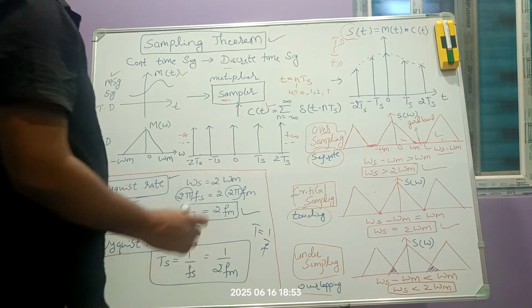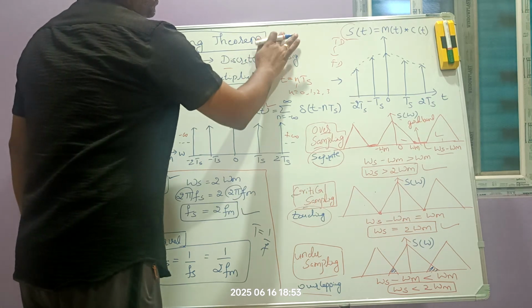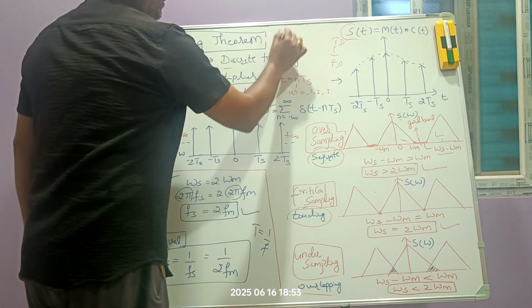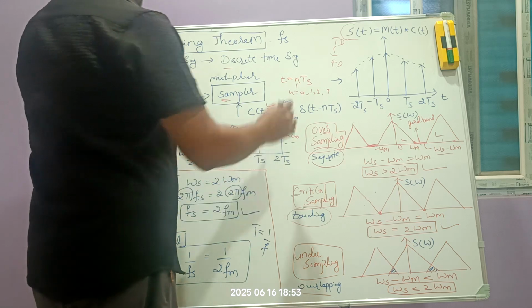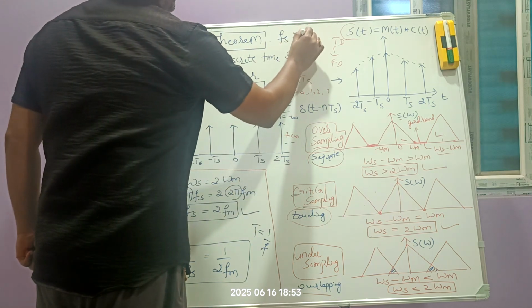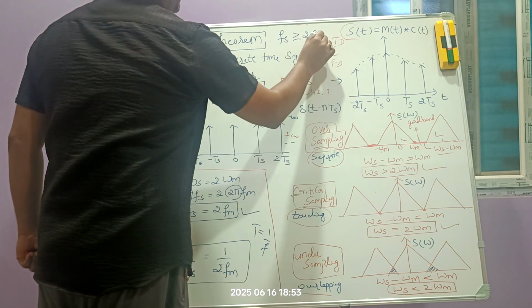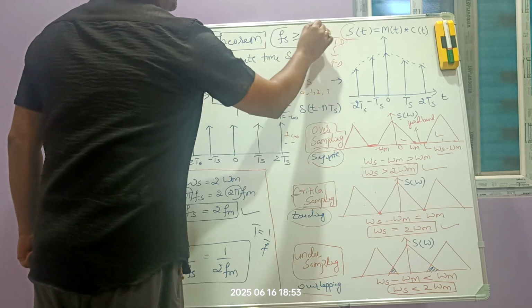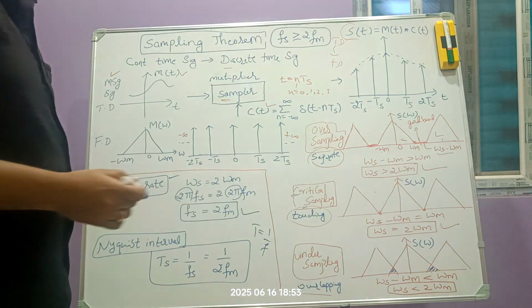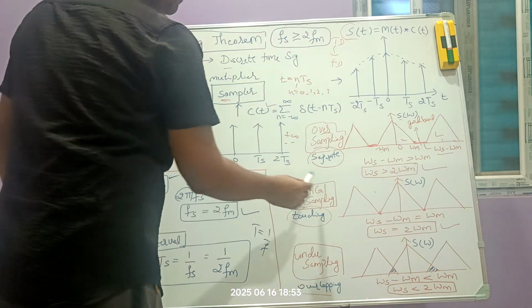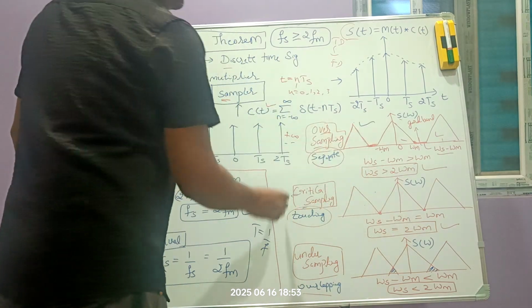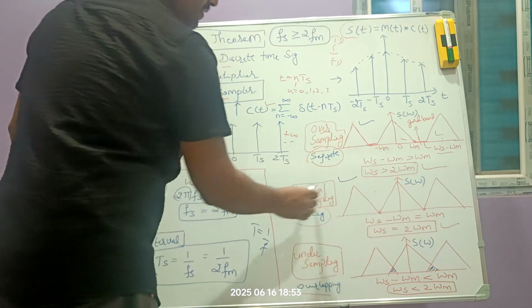So overall the sampling theorem is: the sampling frequency fs should be greater than or equal to 2 times the message frequency. If this is the condition, you can observe, if it is greater, we will have oversampling, and if it is equal, we will have critical sampling.